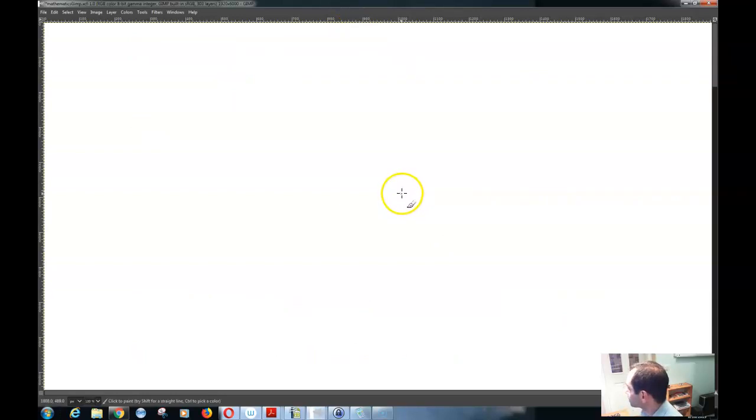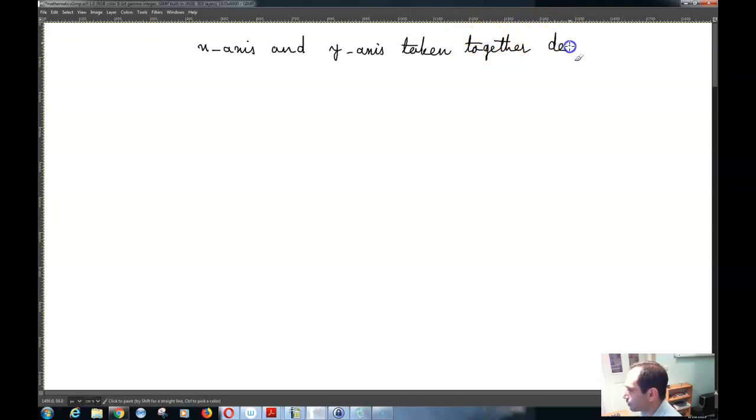The x-axis and y-axis taken together determine a plane known as, well, of course, the xy plane. It's pretty simple. It's the horizontal plane that we have.